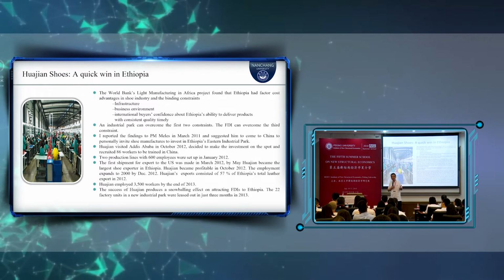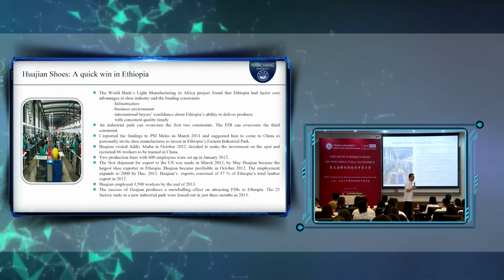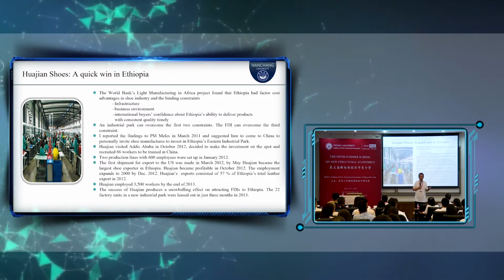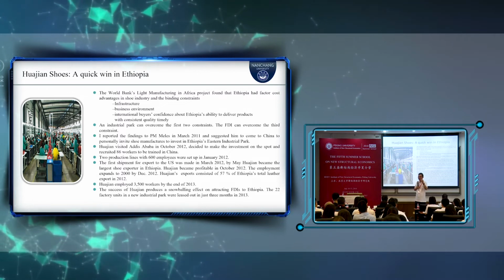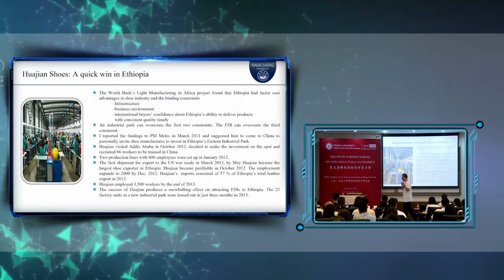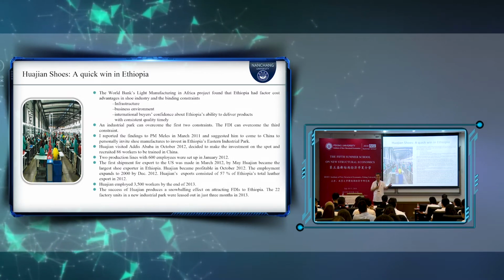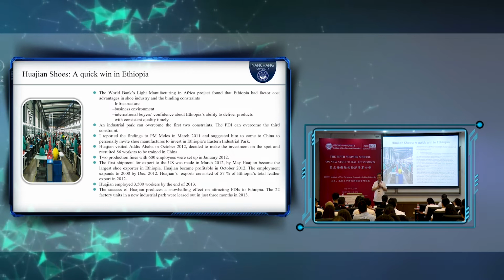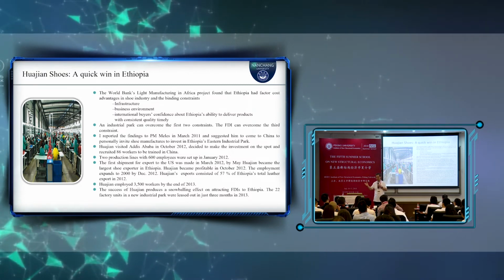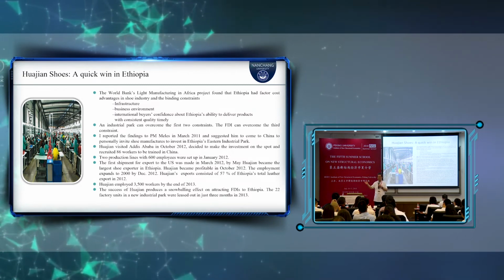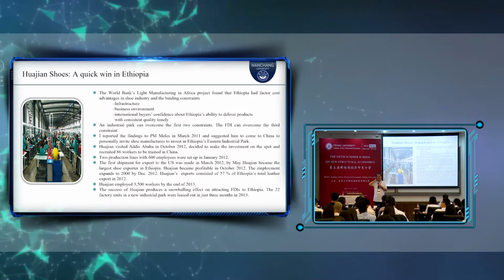So I talked to Prime Minister Meles in March 2011, and he is a remarkable politician. After he understood that, he immediately put it into action. He came to China in August 2011, met with the investor, and invited him to visit Ethiopia.